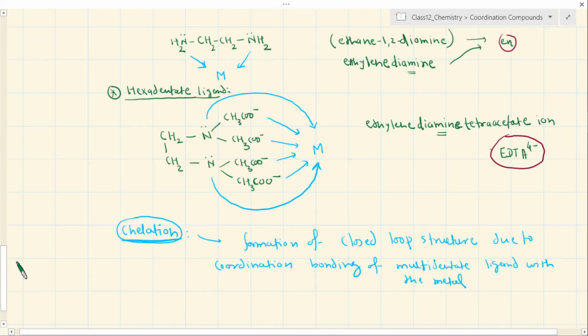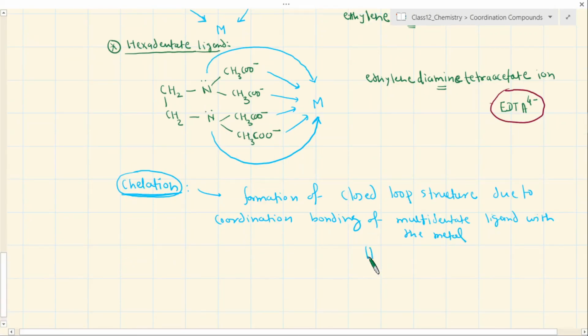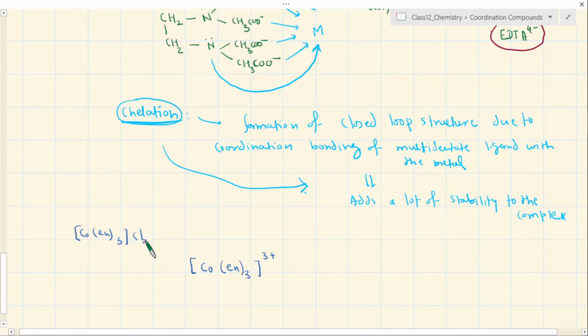Okay, what is the advantage of this? Chelation adds a lot of stability to the complex. Suppose this is the complex compound.